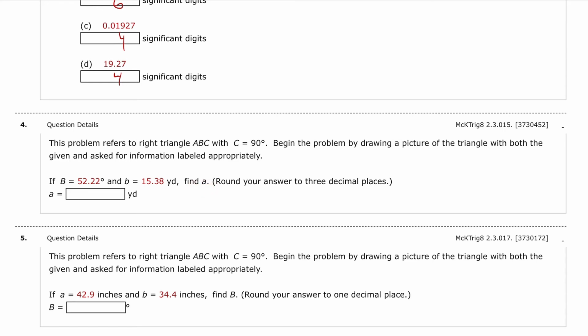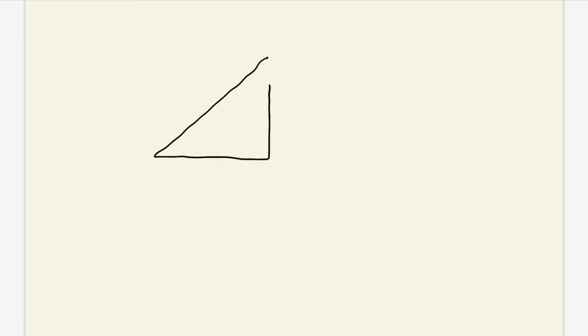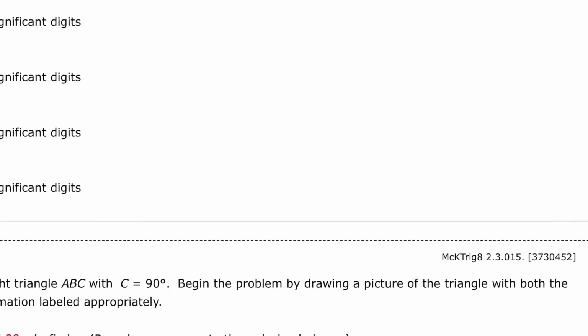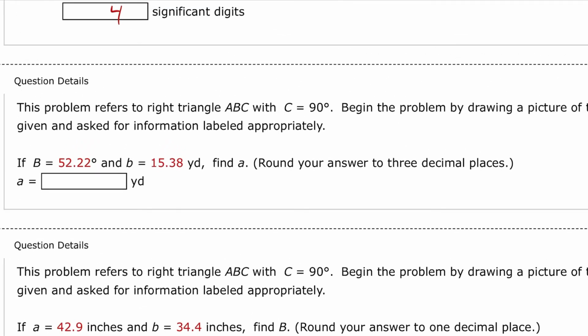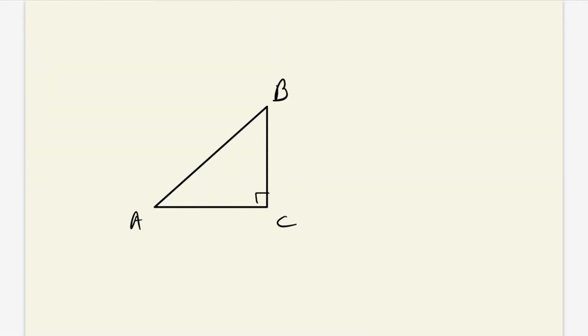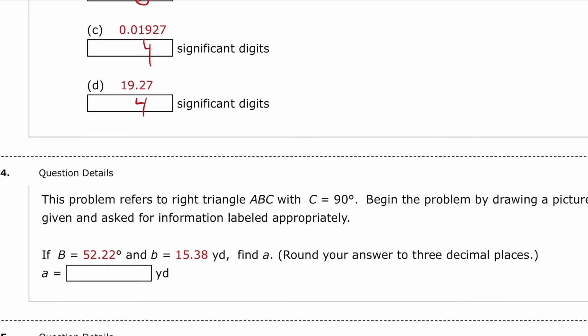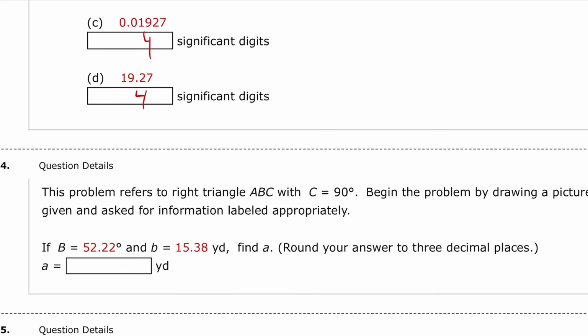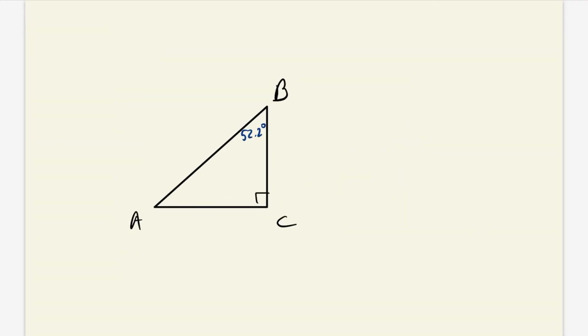All right, for this next problem, they ask us to find the missing sides, or find A actually. So they give you angle B and side B. So let's draw this triangle on another sheet of paper. I'm going to label this A, B, C, and we have angle B is 52.22 degrees, and we are also given side B is 15.38.